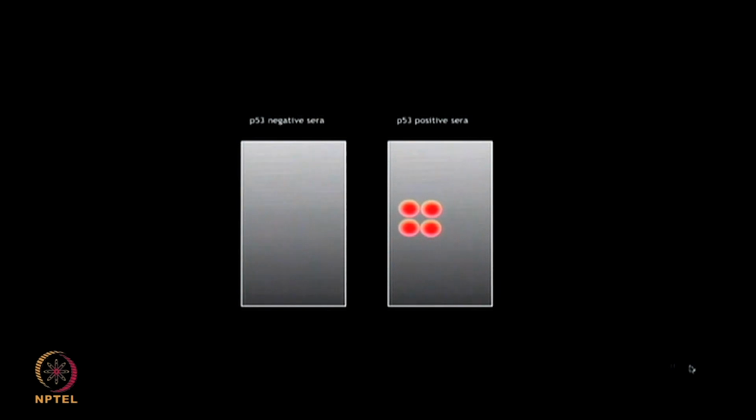The study detected p53 autoantibodies by means of NAPA microarrays, which was further confirmed by ELISA. As you can see, the spots are visible in the p53 positive sera, which are absent in the p53 negative sera. The p53 levels were found to be directly related to tumoral burden, with serum antibody concentrations decreasing after neoadjuvant chemotherapy.